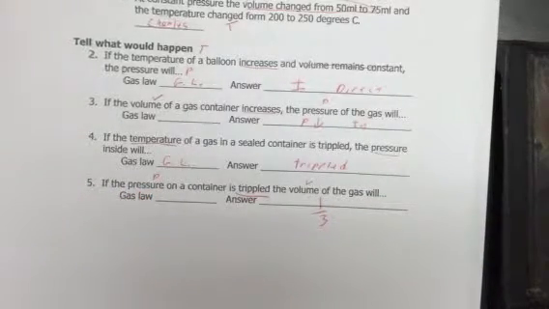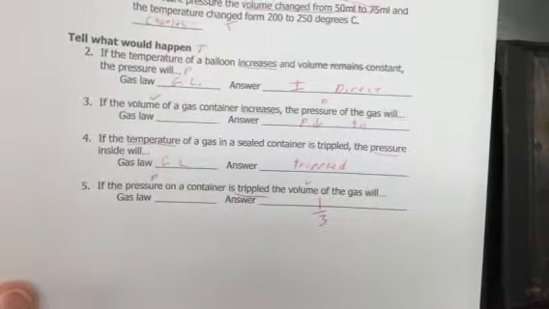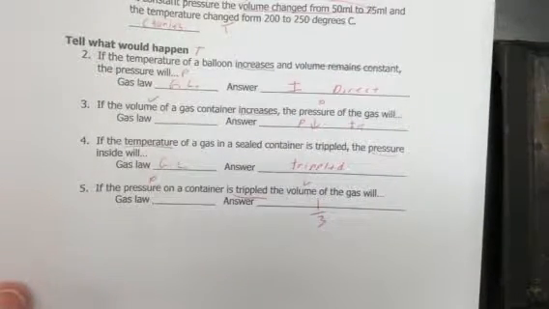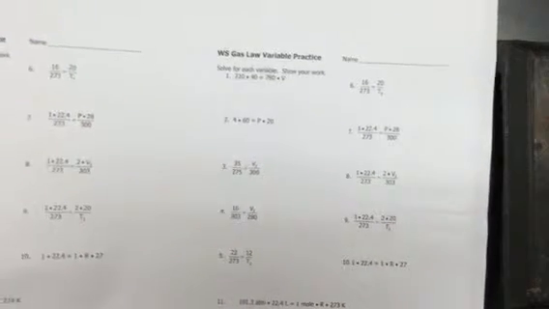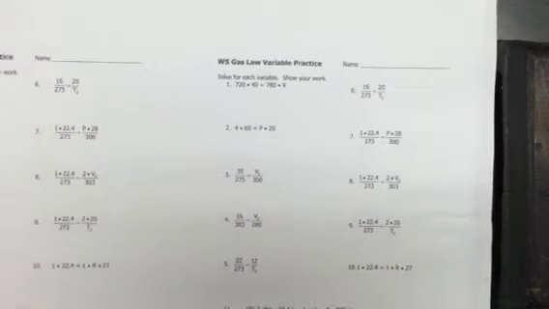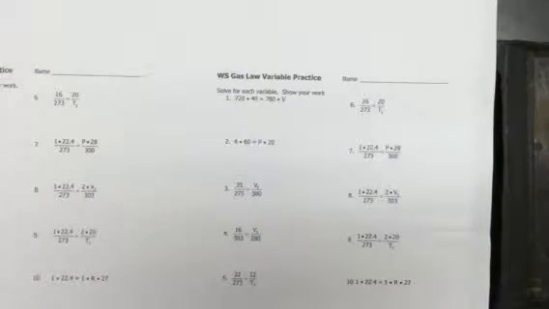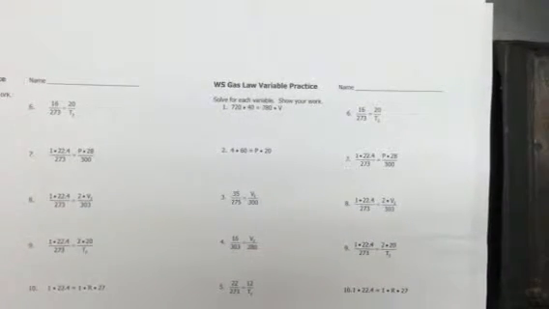So that's how you're going to work your problems. You're going to work those problems and turn this sheet into the box. After you get done with that sheet, then we're going to do some gas law problems, but these aren't gas law problems. This is just a math sheet. Notice what I have here. I just have the variables. You're just going to solve for the variables using your math skills. Yes, I have the answers on the bottom, so the only way to get credit is for you to show your work.